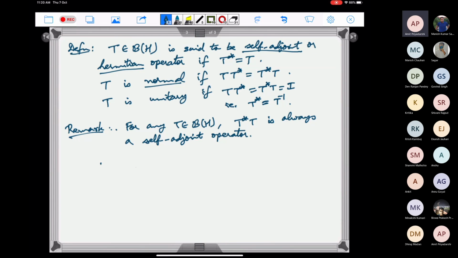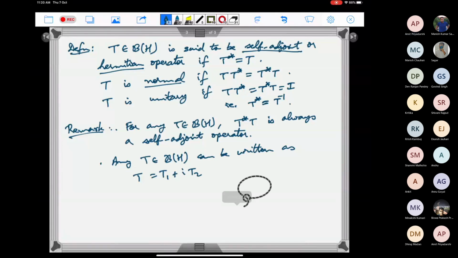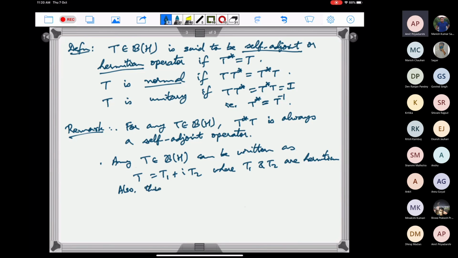Also any T belonging to B of H can be written as T equal to T1 plus i T2, where T1 and T2 are Hermitian operators. Also, this representation is unique.